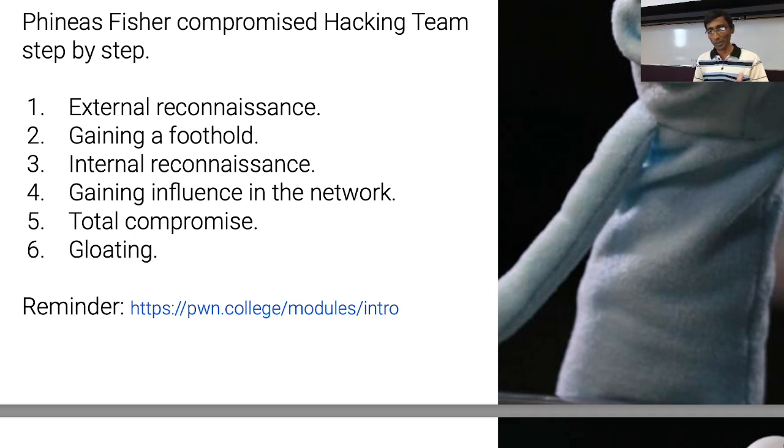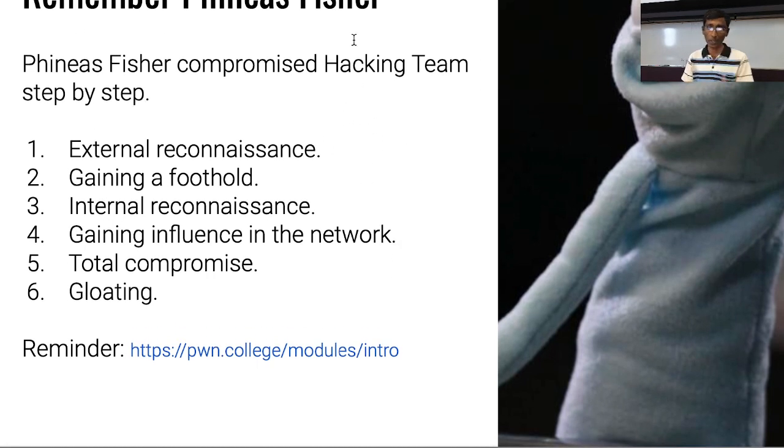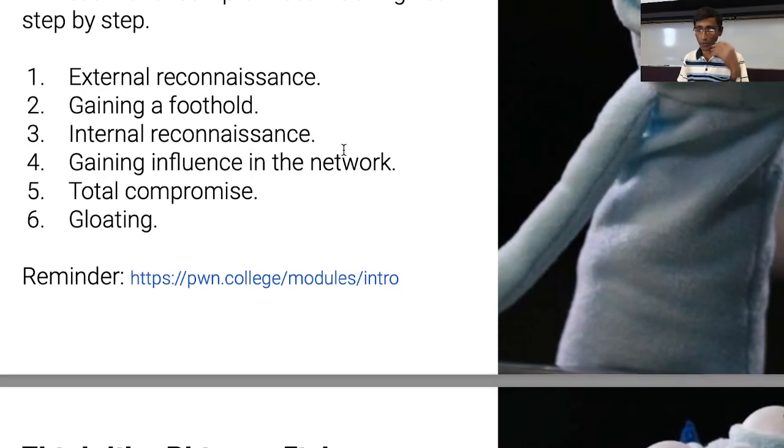So by recognizing the different things that we are able to achieve, even with a small foothold, and then repeating the process of finding out how much control we can gain, you can increase the influence and turn it into a complete compromise at the end. That's what was revealed by Phineas Fisher.